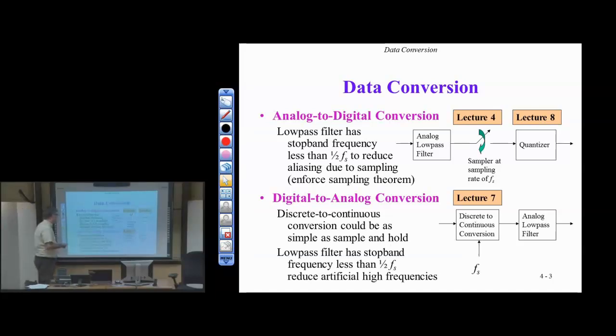So in the ADC converter, this is the theory of how it works. How we implement it is usually quite different from this. But the theory is that in the middle of this, we're going to sample at some sampling rate, Fs. And we know from the sampling theorem, what frequencies can we capture by sampling at Fs? Half the sampling rate.